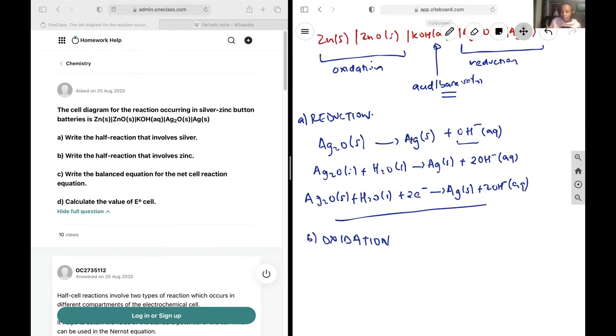So oxidation is the loss of electrons. So oxidation is loss, reduction is gain. So here we have reduction, and you see it's gaining electrons to become something else. And in our oxidation half, we're going to want to see the loss of electrons. So we're going to want to see electrons on the other side of the equation.